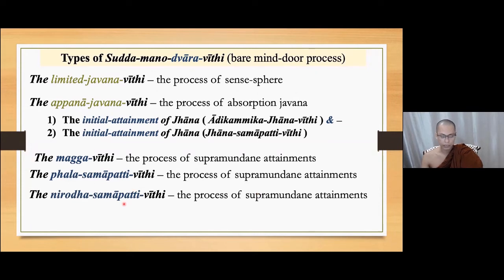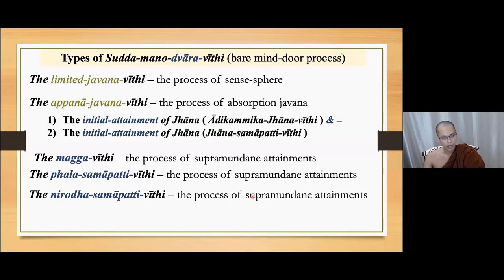Also for the anagami and arahant, after the attainment of jhana, in combination with their power, they can attain the process of cessation. Here also the process of nirodha samapatti, entering the cessation of consciousness and mental factors. It is called the attainment of cessation, not only the supramundane.